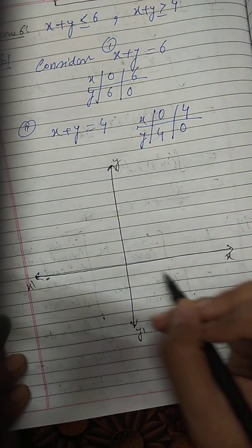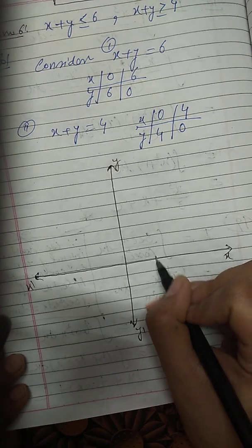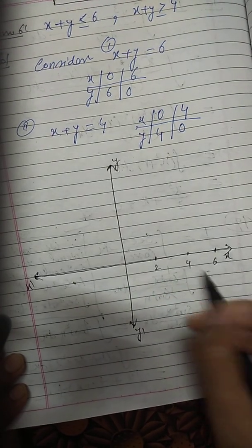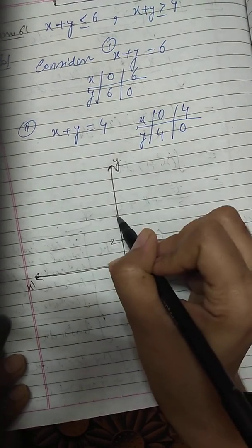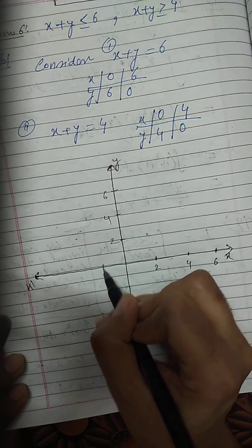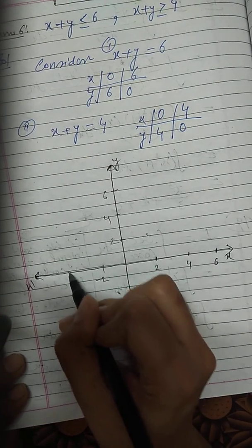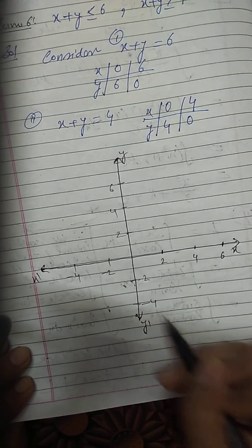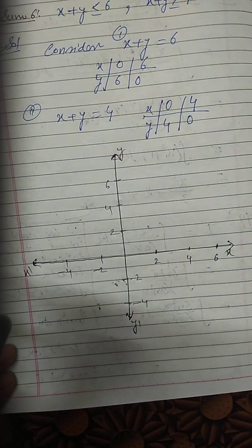So let us mark the points. I am taking the scale here 2, 4, 6, similarly 2, 4, 6, and so on. Here also it will be -2 and -4, then -2 and -4. So the scale we have fixed here.